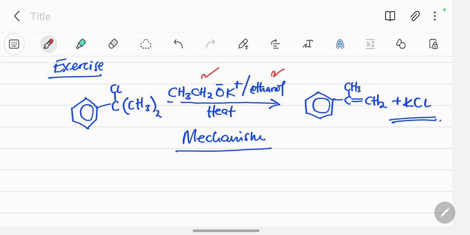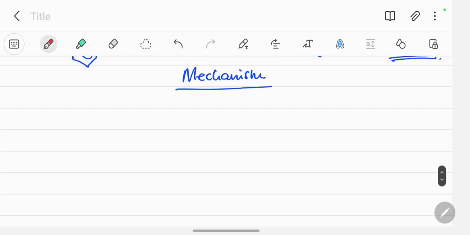After, we move on to how we prepare alkenes from alkynes.